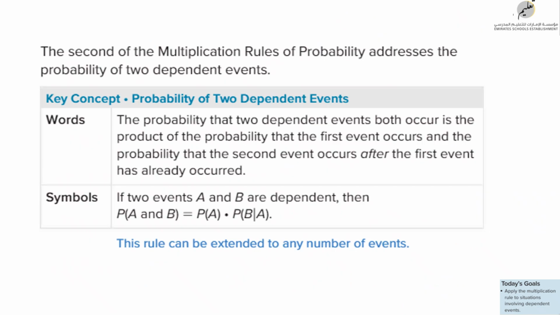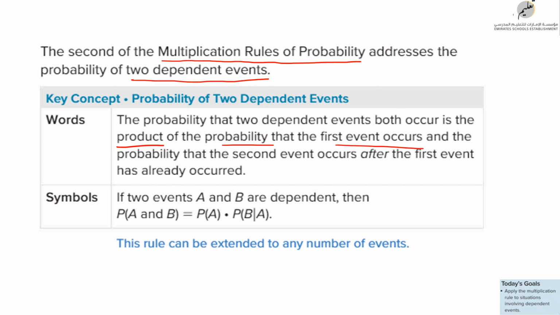So now I again write for you the formula for the multiplication rule of probability, and this time we are doing it for dependent events. First I will read it: the probability that two dependent events both occur is the product of the probability that the first event occurs.